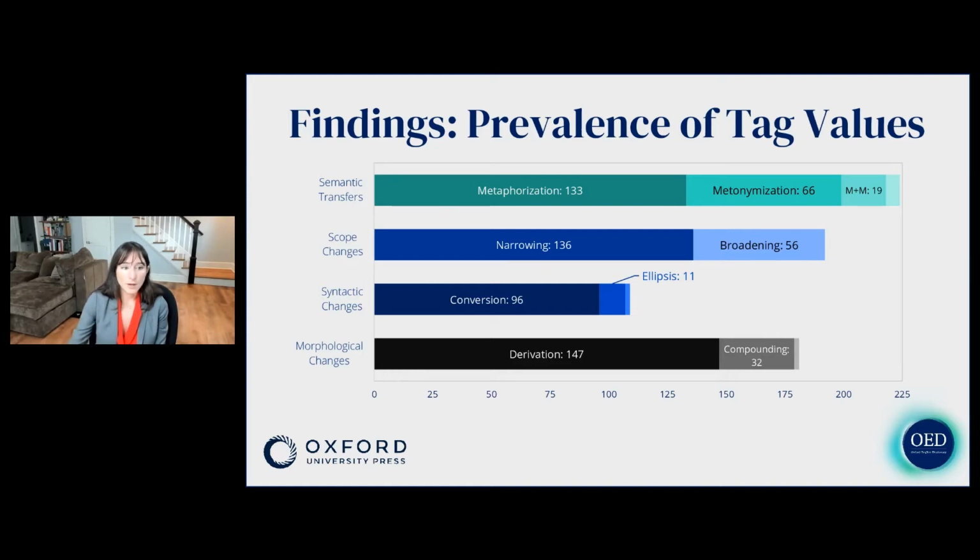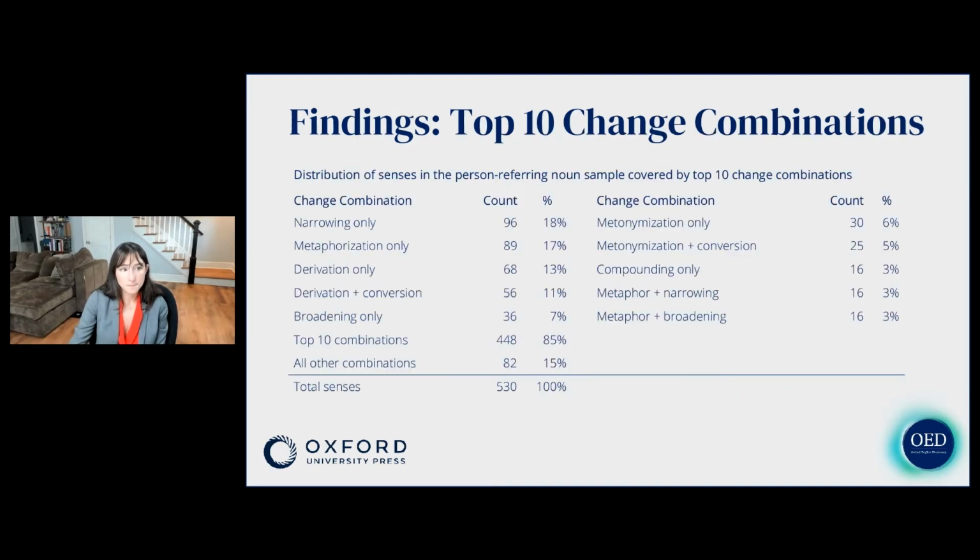And there were a number of conversions from other parts of speech to person-referring nouns. This is simply interesting, not necessarily conclusive, but interesting: the top 10 combinations of the types of change accounted for about 85% of all the senses in the sample.